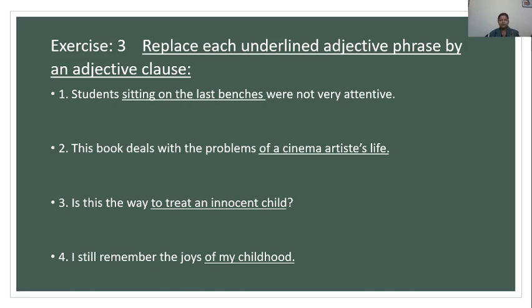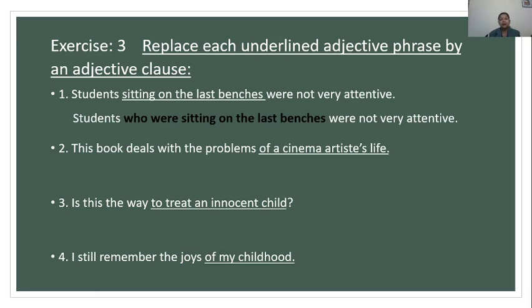The phrase that has been given to me is sitting on the last bench, and the subject is students, means persons. So which introductory word can I take? Who. So the students who were sitting on the last bench were not very attentive.